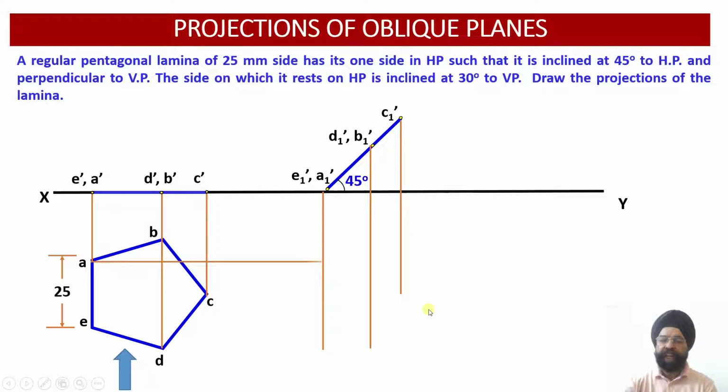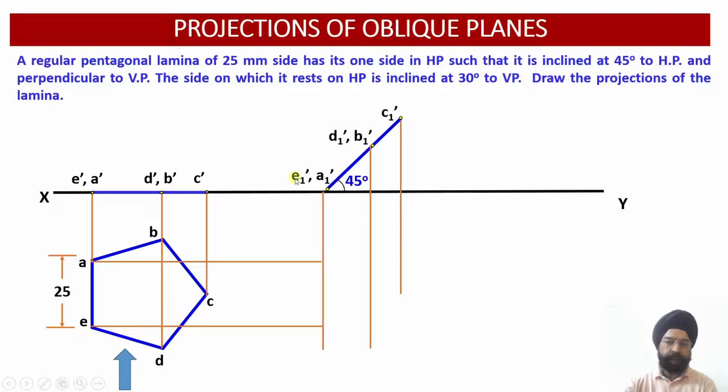Wherever the corresponding points are located, the projections of the plan view in the 4th iteration will be determined. Please see the projection of A, moving in the horizontal direction. The projector from A1 dash we drop vertically downward. Wherever both of them meet, we get the location of the point A1.